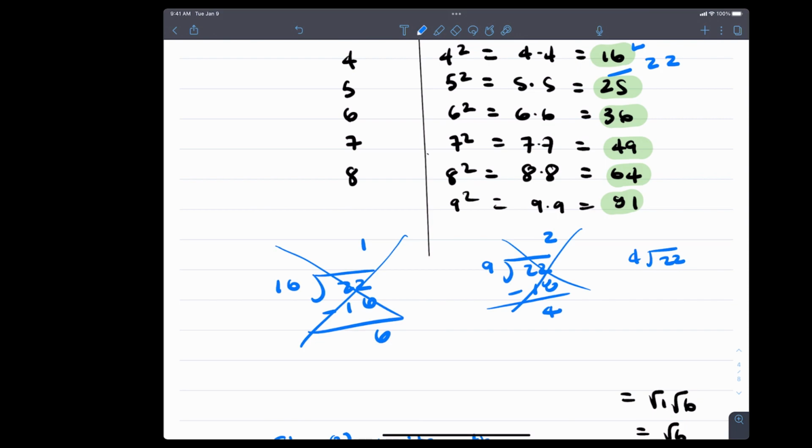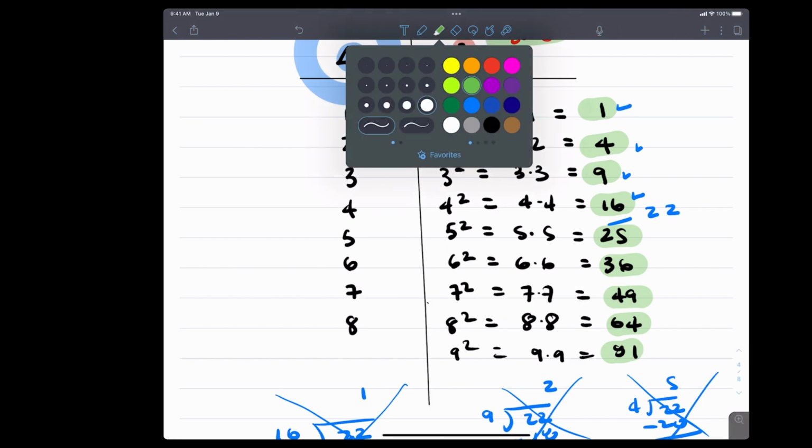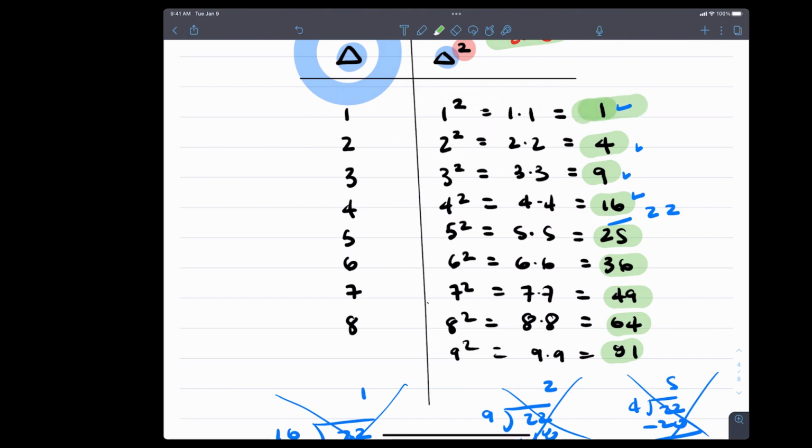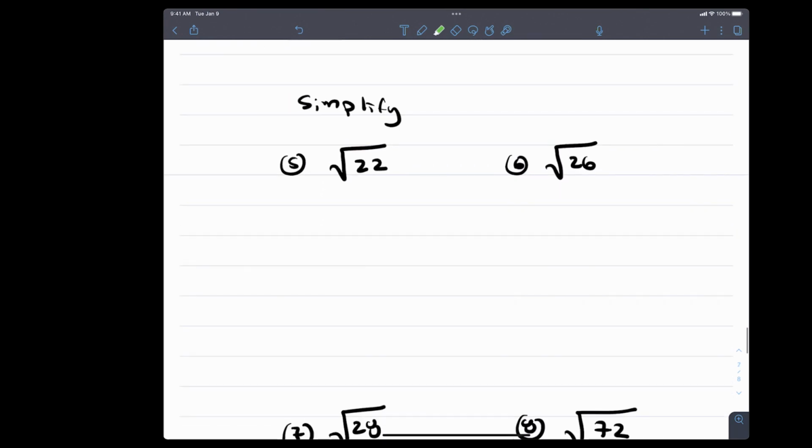How many times does 4 go into 22? 5 times 4 is 20. Subtract, what's your remainder? So you checked all of them: 16, 9, and 4. 1 goes into every one. So what do you guys know? It's 1. That means it's already simplified. There you go.